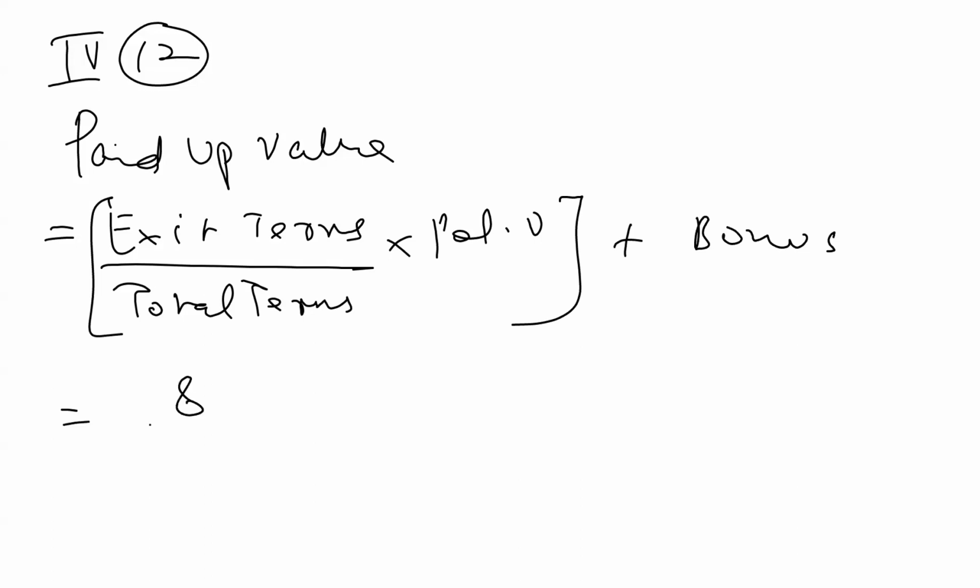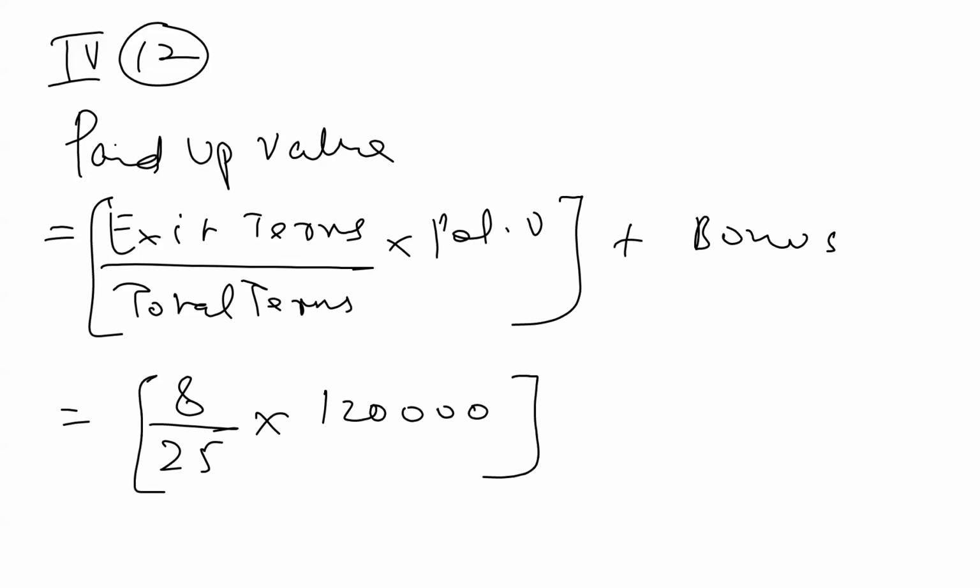So the exit terms are 8. He wants to discontinue after 8 years. The total terms, the total number of years for which the policy is made, is 25. Then the policy value is 1,20,000. In this particular problem, he'll receive 0 rupees bonus because bonus is not declared at all, unlike the previous problems. So we should not be very much concerned about the bonus. So bonus will be 0.